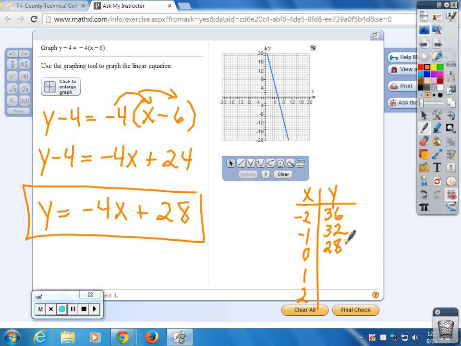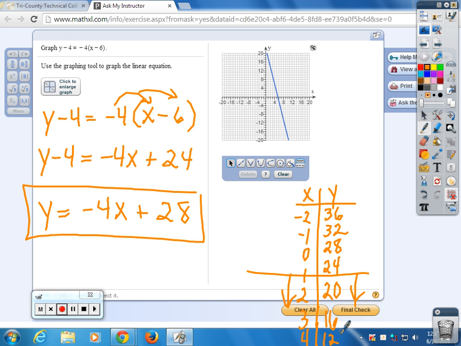You're subtracting 4 each time, so that'd be 24 and 20, and you can keep on going. What would 3 be? 16. What would 4 be? You can keep going that way because your graph is going to be between 20. You're going to use these points right here because the highest your y can go is 20.